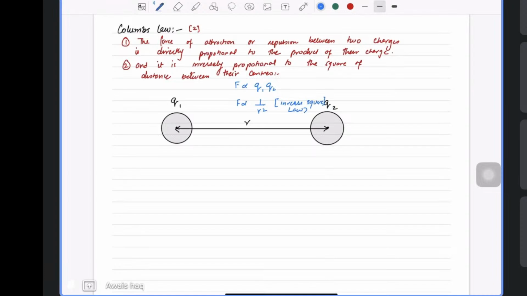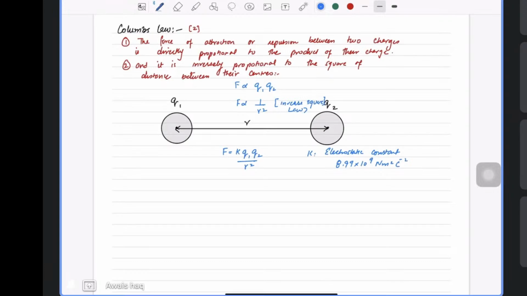So when you combine this, you would have to add a constant which is k, and k is not a real constant at all. We just call it an electrostatic constant, and it has a value of 8.99 times 10 raised to power 9 newton meter square coulomb minus 2.